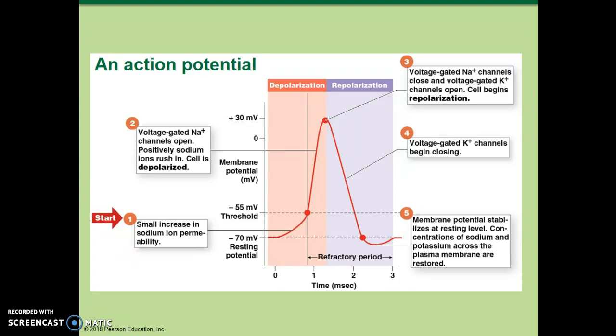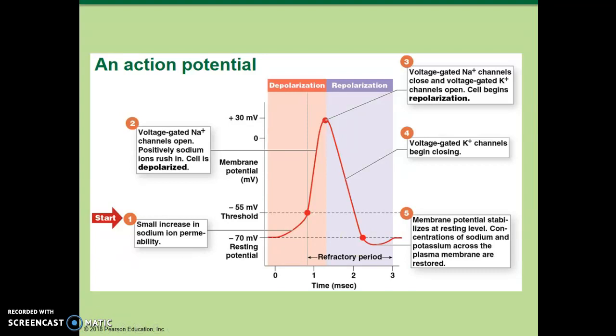That is, there's a switch in the membrane potential, and the cell becomes positive inside and negative outside. Once that happens, the voltage-gated sodium channels close and the voltage-gated potassium channels open. Potassium is drained from the cell so that the cell returns back to the original resting potential.